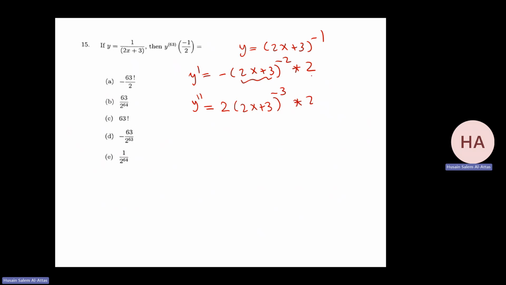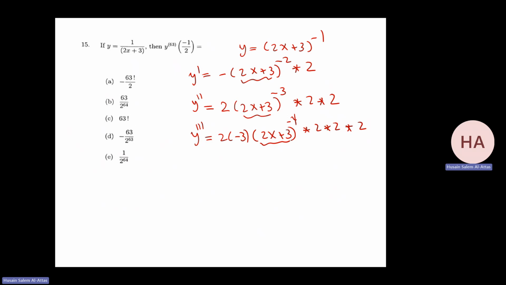This is a number, it will remain, times the derivative of this, times 2. Just to show you what will happen, the third derivative will be 2 times minus 3, 2x plus 3 to the power minus 4. This number will continue. Derivative of this, times 2.